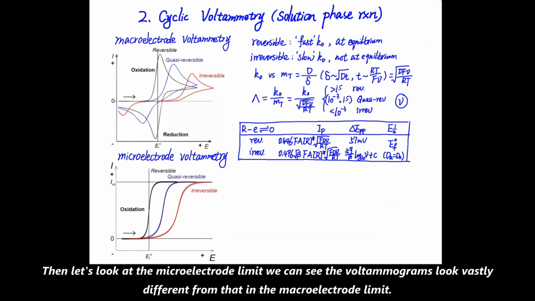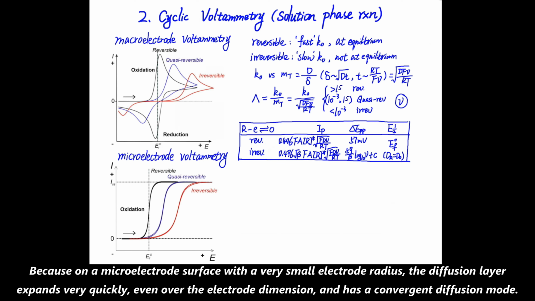Then let's look at the microelectrode limit. We can see the voltammograms look vastly different from those in the macroelectrode limit, because on a microelectrode surface with a very small electrode radius, the diffusion layer expands very quickly, even over the electrode dimension, and has a convergent diffusion mode.